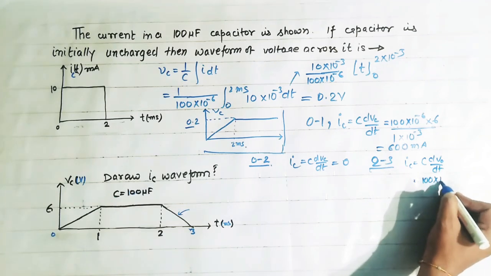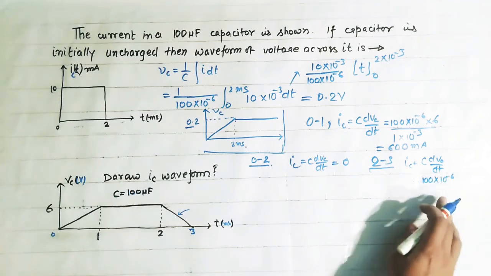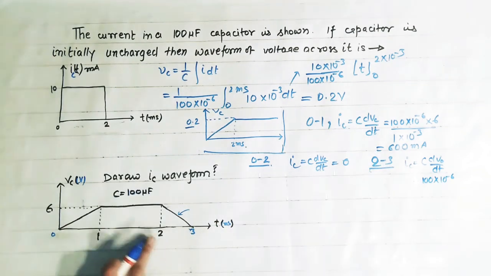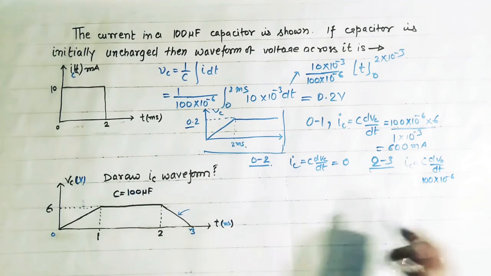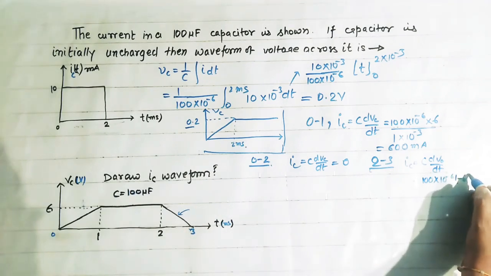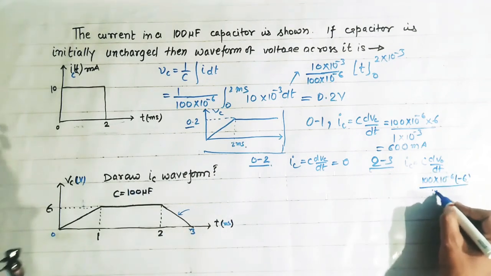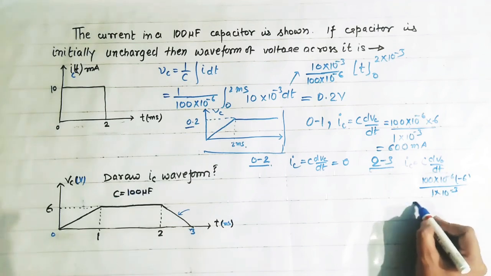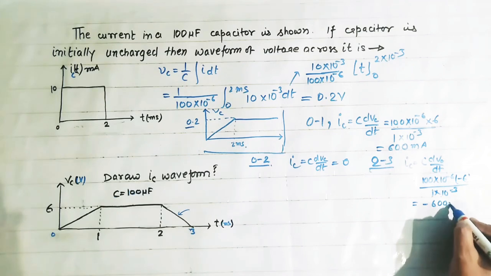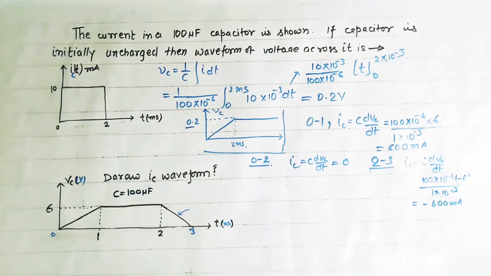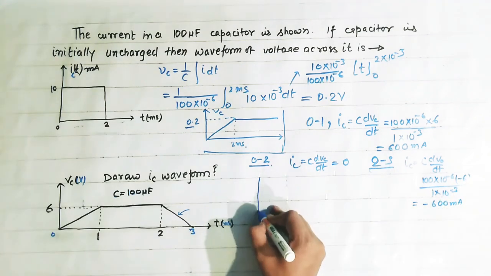Again this capacitance is 100 into 10 to the power minus 6. What is the change in capacitor voltage? Now the change in voltage is 6 volt to 0 volt. It means minus 6. And what is the time? That is 1 into 10 to the power minus 3. So on solving this we get minus 600 milliampere.